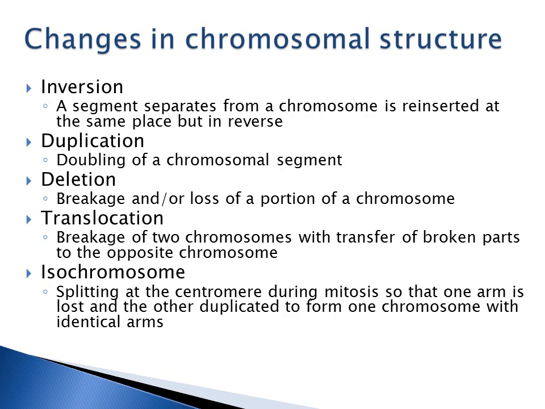Deletion is breakage or loss of a portion of a chromosome. In translocation, you have a breakage of two chromosomes with transfer of the broken parts to the opposite chromosome. And you have isochromosome, where you have a splitting at the centromere during mitosis, so that one arm is lost and the other is duplicated from one chromosome.